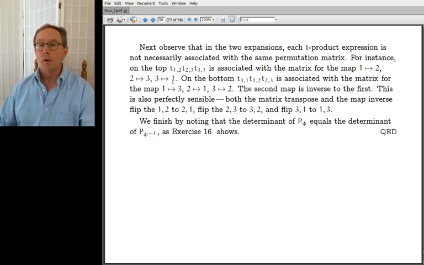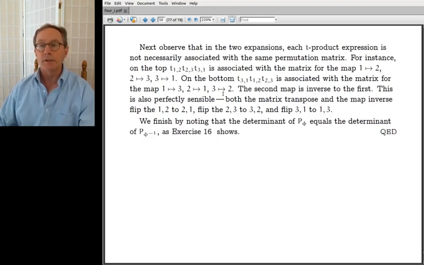When you transpose, you get 3, 1, 1, 2, 2, 3, and that's associated with the matrix that takes 1 to 3, 2 to 1, 3 to 2. That is to say, here 1 goes to 2, 2 goes to 1. 2 goes to 3, 3 goes to 2. 3 goes to 1, 1 goes to 3. So these two are inverses of each other.